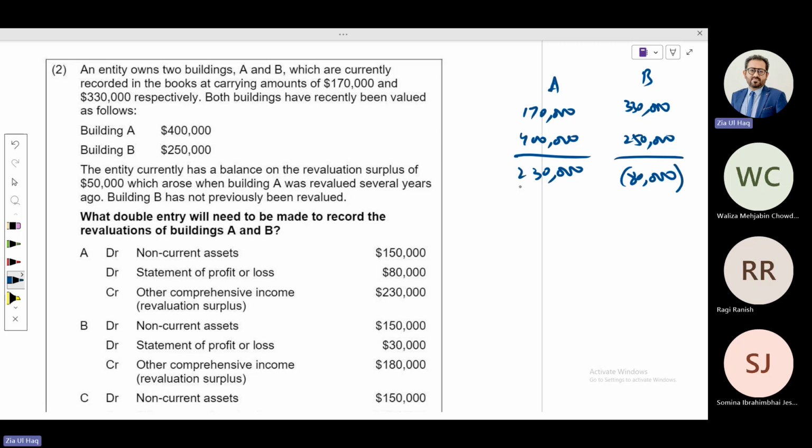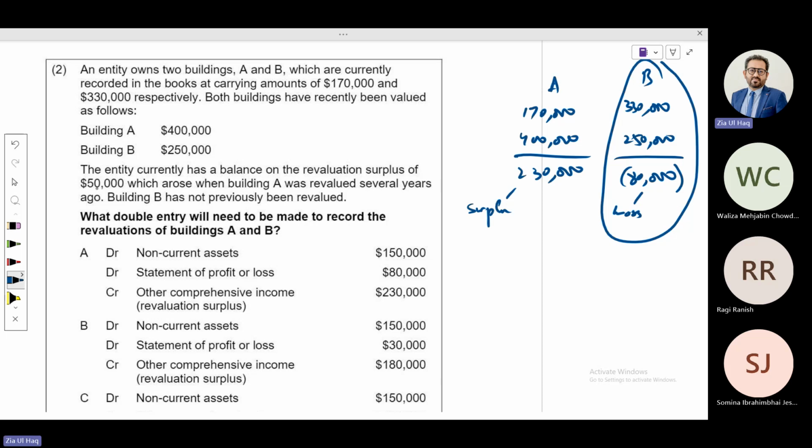This is revaluation surplus. This is loss. Loss should be charged to P&L and surplus should be charged to other comprehensive income. But if there is any opening balance of revaluation surplus relating to building B, then this loss can be adjusted against the revaluation surplus.